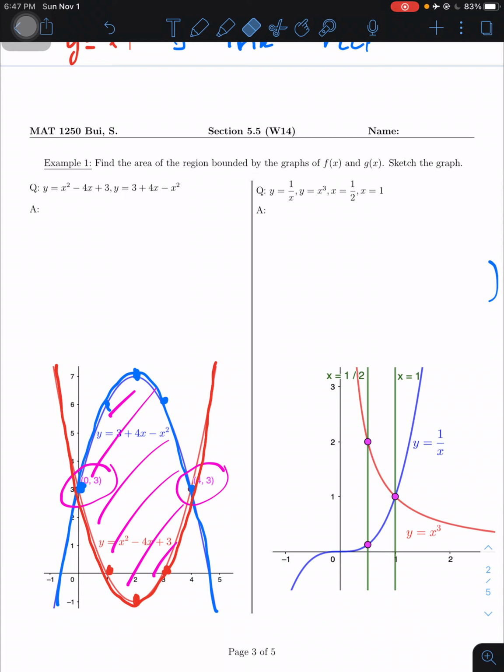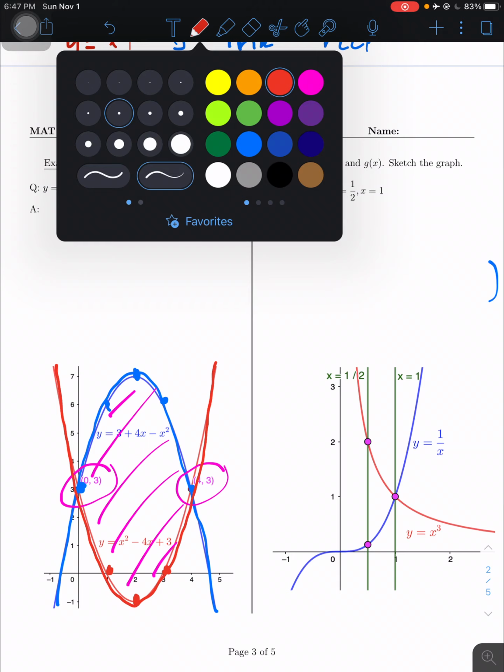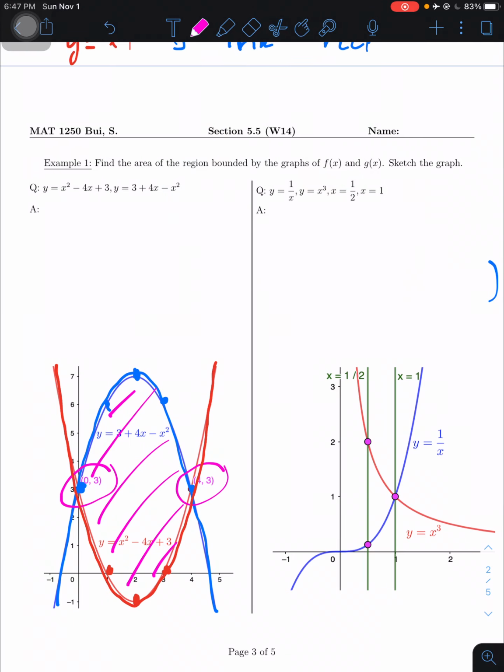But just in case you cannot find the intersection, there's a way to find the intersection in between. Let me use pink for the intersection. So what you want to do is set this function equal to this function, right? So you're going to have x squared minus 4x plus 3 equals 3 plus 4x minus x squared.